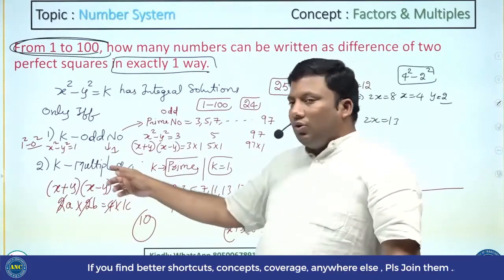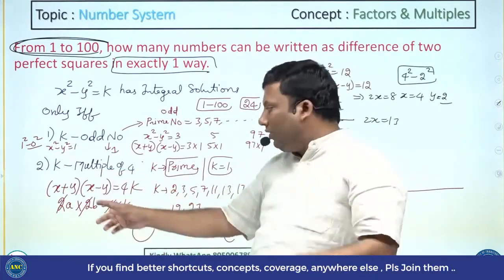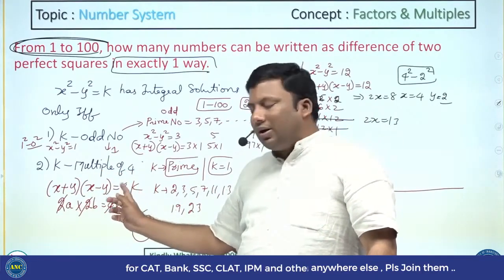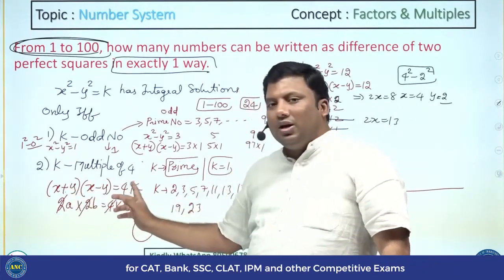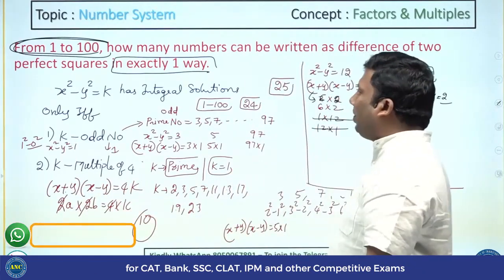Take one also. You will take 4 into something, that 4 will go away because the right hand side is a multiple of 4. 2k1, 2k2. That multiple of 4 should be a prime number.